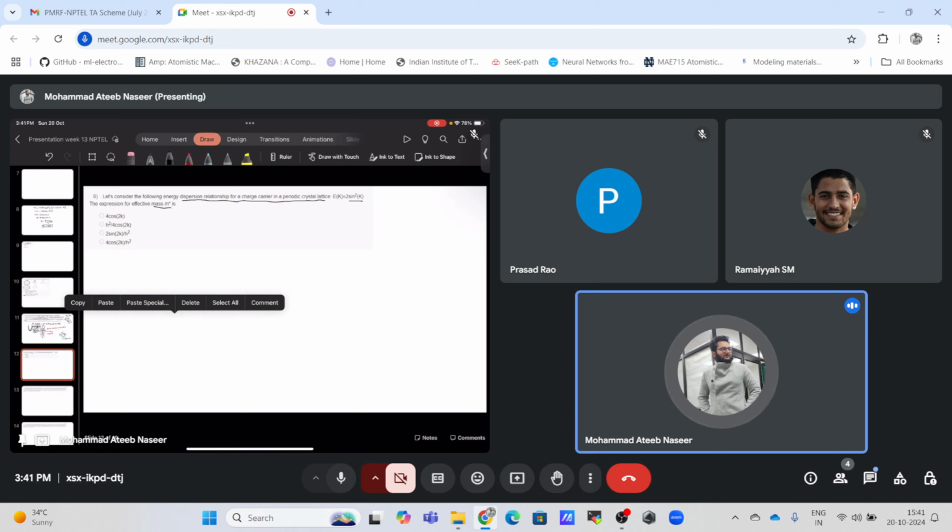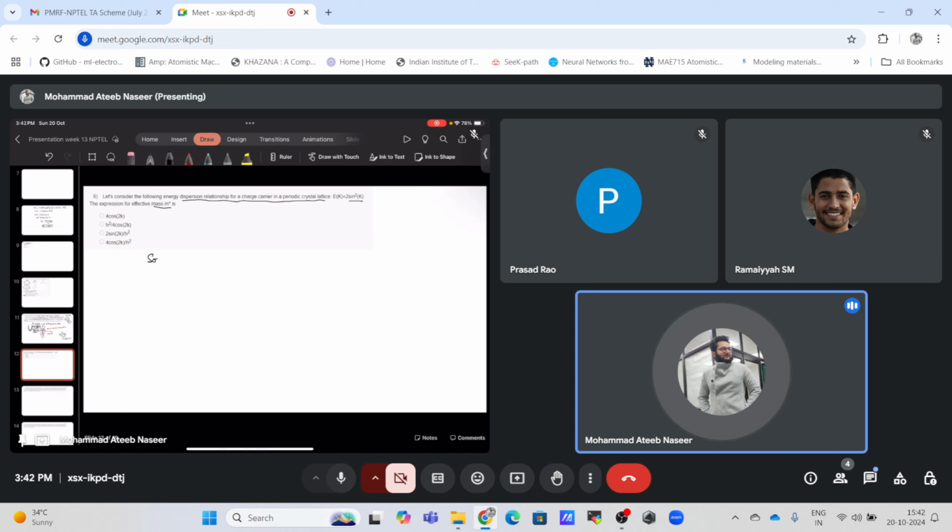What we saw previously is that we used the parabolic approximation, where the relation between E and k was a parabola, E being some function of k squared. But now in this case it is some function of sin squared k.